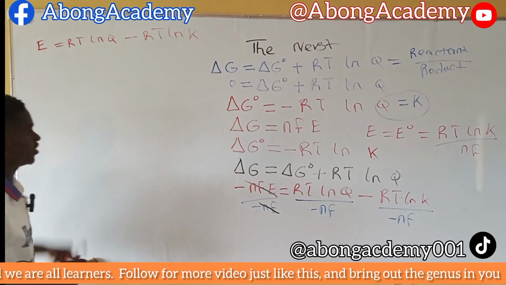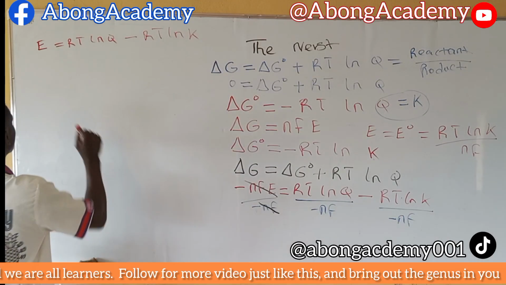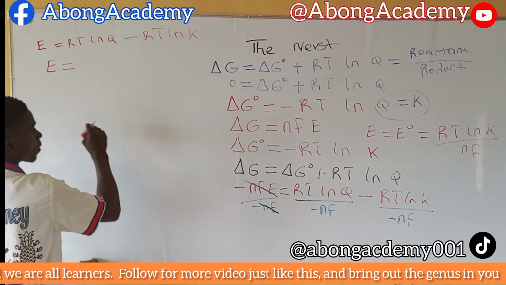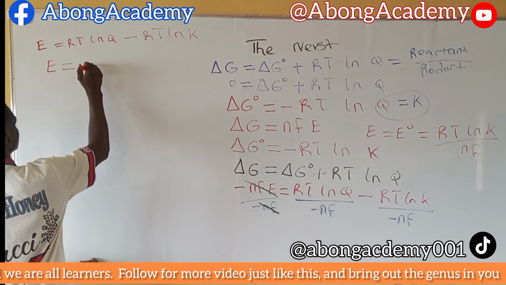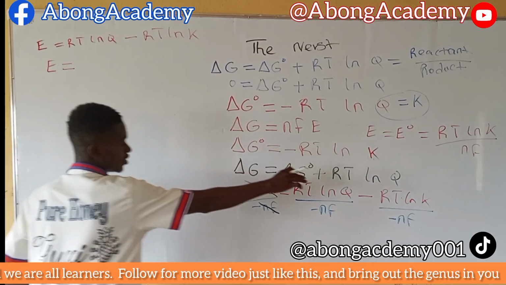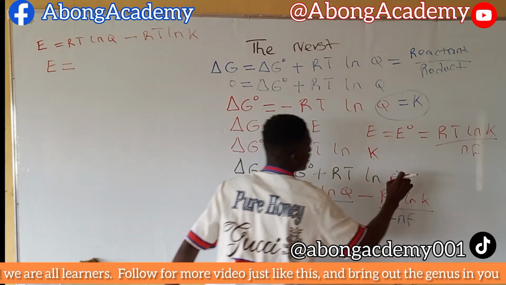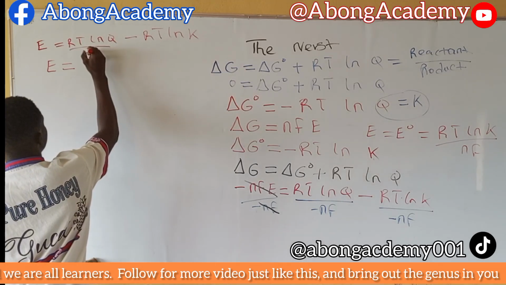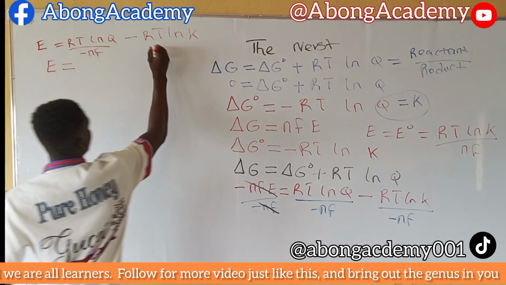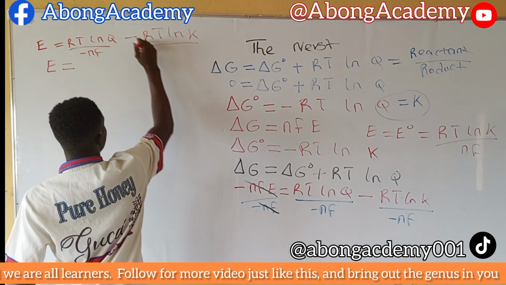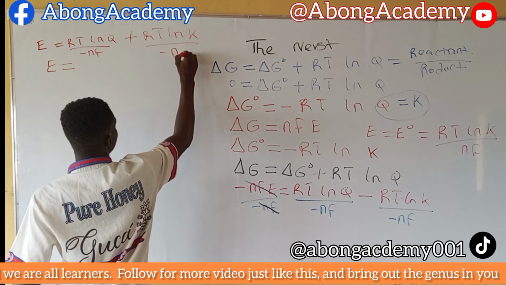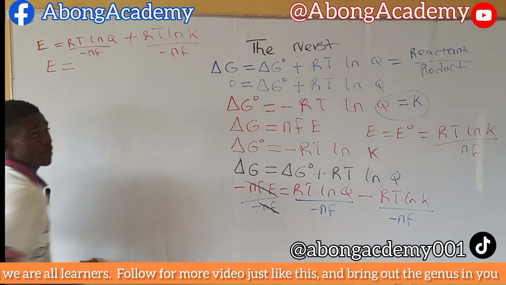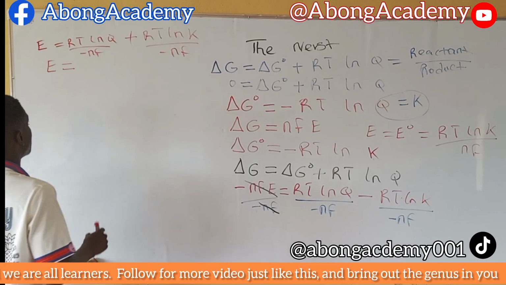Now let's represent it here. So we now have it that E is equal to, since E standard is represented as RT ln K, now we have it here. This is minus nF. This is plus or minus nF. Plus divided by minus, we're going to have minus.